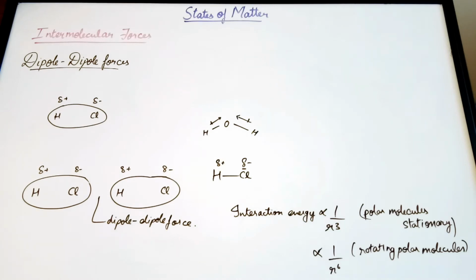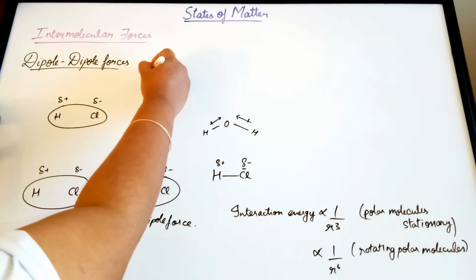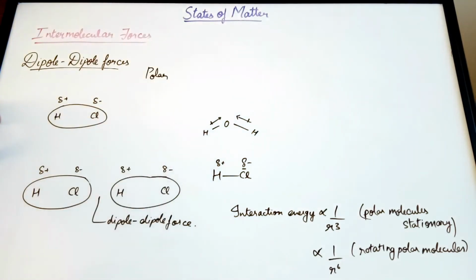So they don't just interact with the dipole forces, but they also have some amount of dispersion or London forces. Okay, so dipole forces are shown by molecules which are polar in nature. The previous one was shown by non-polar molecules. These are shown by polar molecules.